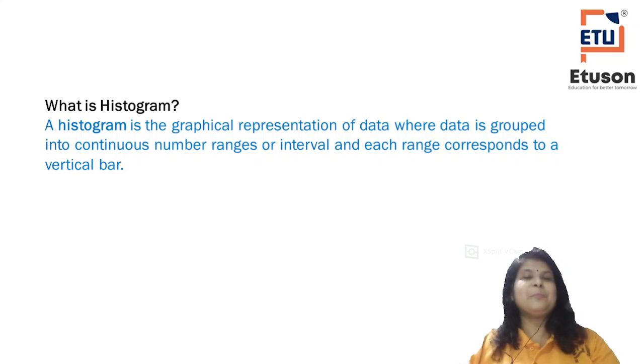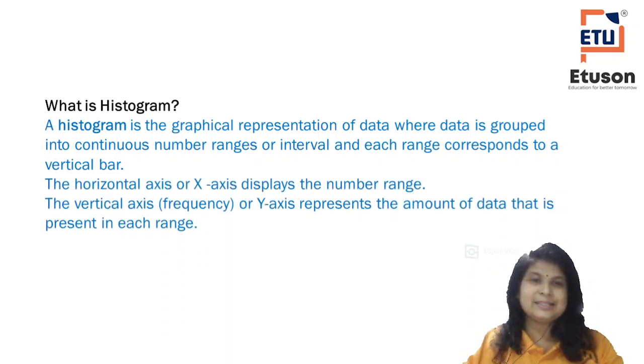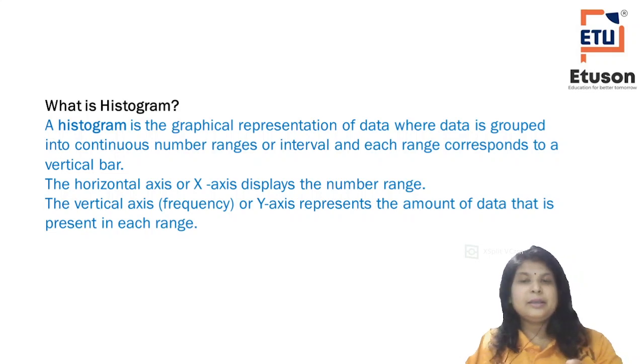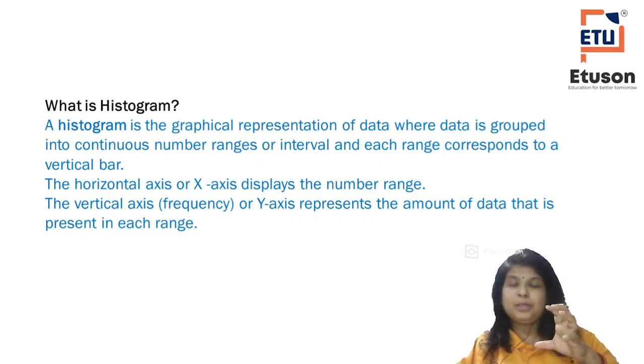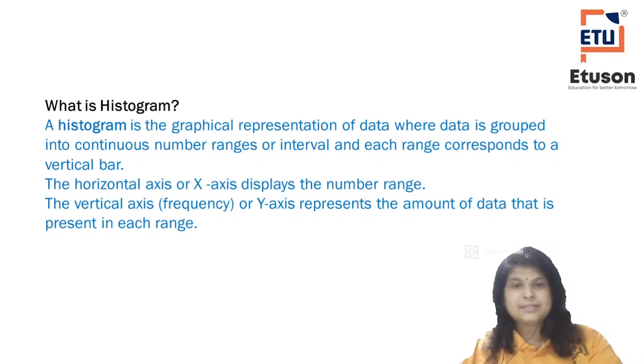So here in histogram we are supposed to group the data into small intervals, where your horizontal axis represents the number, range or the class interval, and the vertical axis, y-axis, represents the amount of data that is present in each range or class interval. That means here the y-axis represents how many times for that particular group of data the data is repeating itself. That is what the frequency is. So on the y-axis you have frequency represented.